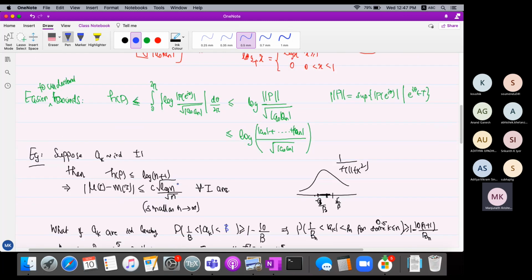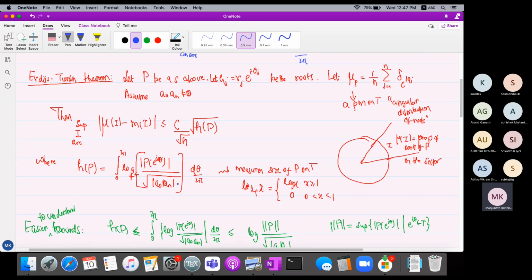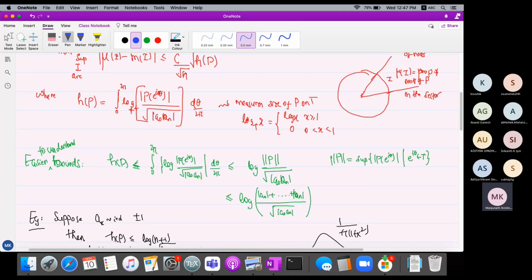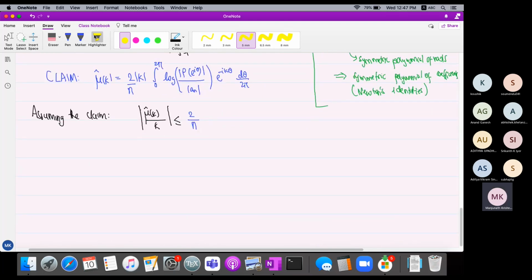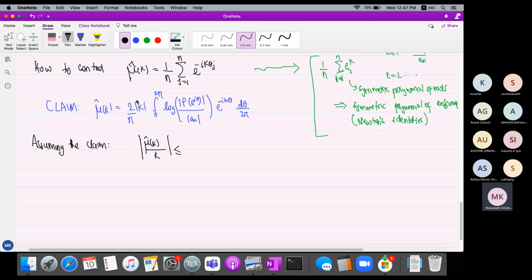Let me not try to get this in the h of p form, as that will be a slight distraction. Let me get this intermediate form, which is a bit easier. Then we can go back and see why we get the stronger form, which is h of p. So from this, mu hat k by k in absolute value is bounded by 2 over n, and here I just bound it by the maximum.